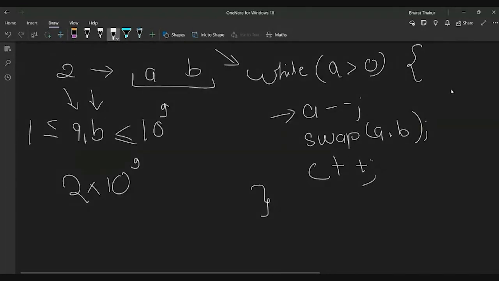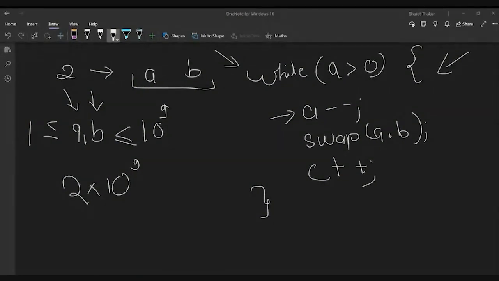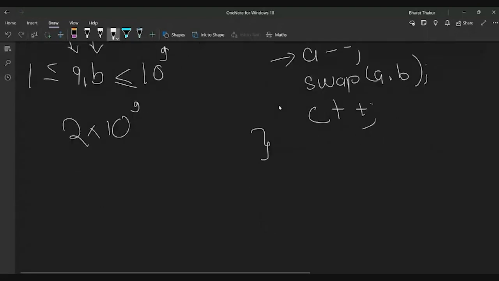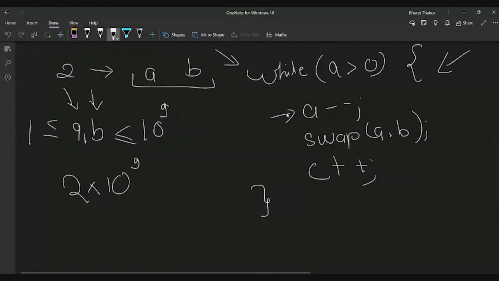To optimize the code, what are the things you should look at first? The first thing is, do you actually need to perform the operation? What do you all think? Do we actually need to perform the operation? Yeah, we do not need to perform. See, what is happening?